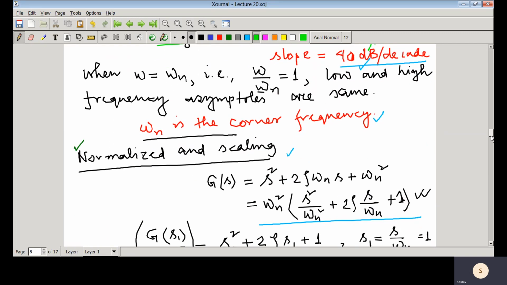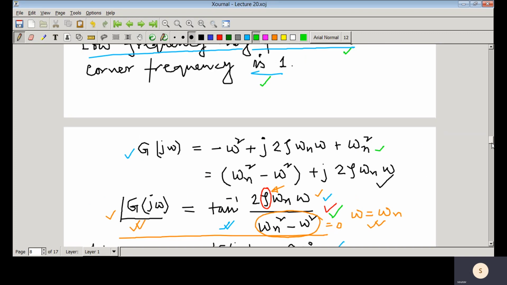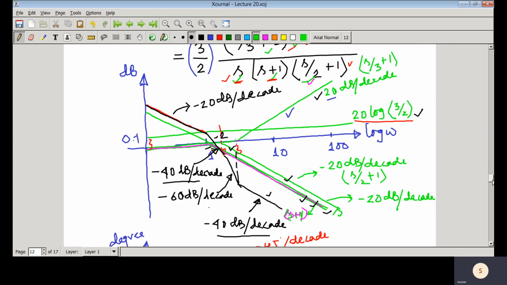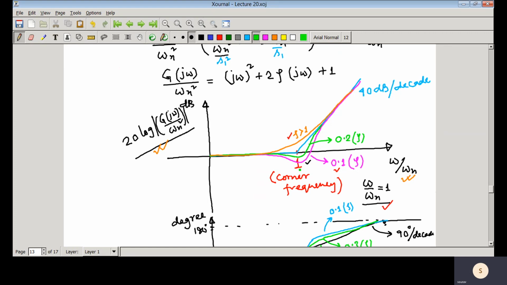But if you take it in normalized form, then the low asymptote is 0 and the corner frequency is 1. So we have considered here the normalized form, so the corner frequency is 1, and below that corner frequency it is approximately equal to 0, and its slope is 40 dB per decade.